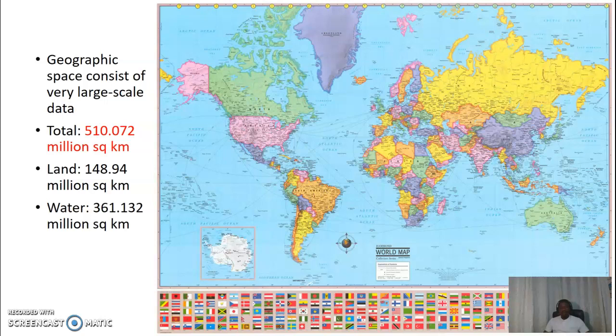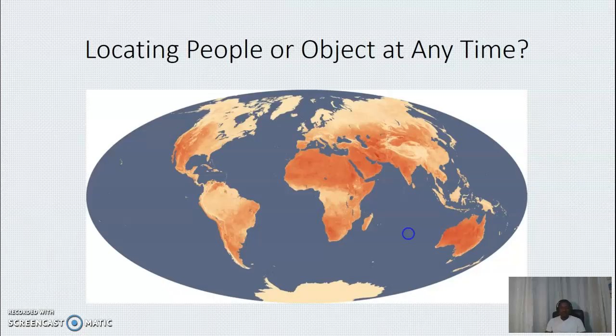From the World Fact Book, we have seen that the total surface of the Earth is 510 million square kilometers. This is a huge surface, and there are buildings, roads, rivers, and oceans, which should be represented on a map to give value to communities and governments.